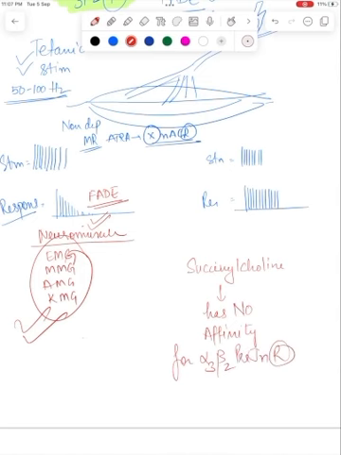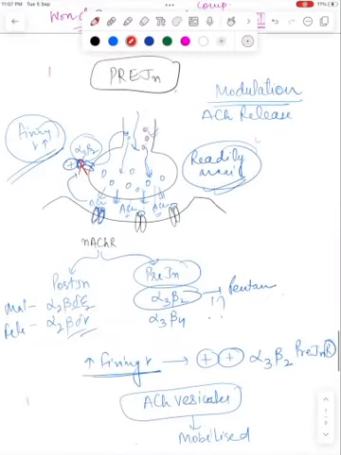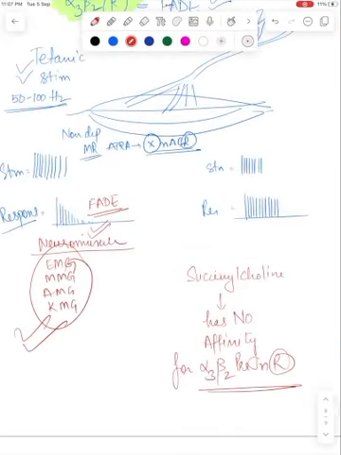So if succinylcholine does not interact with these receptors, then on tetanic stimulation it will not block the pre-junctional receptor, and therefore this mobilization is going to take place, and more acetylcholine will be released, and therefore the response to tetanic stimulation will be maintained, and no fade will be seen with succinylcholine.